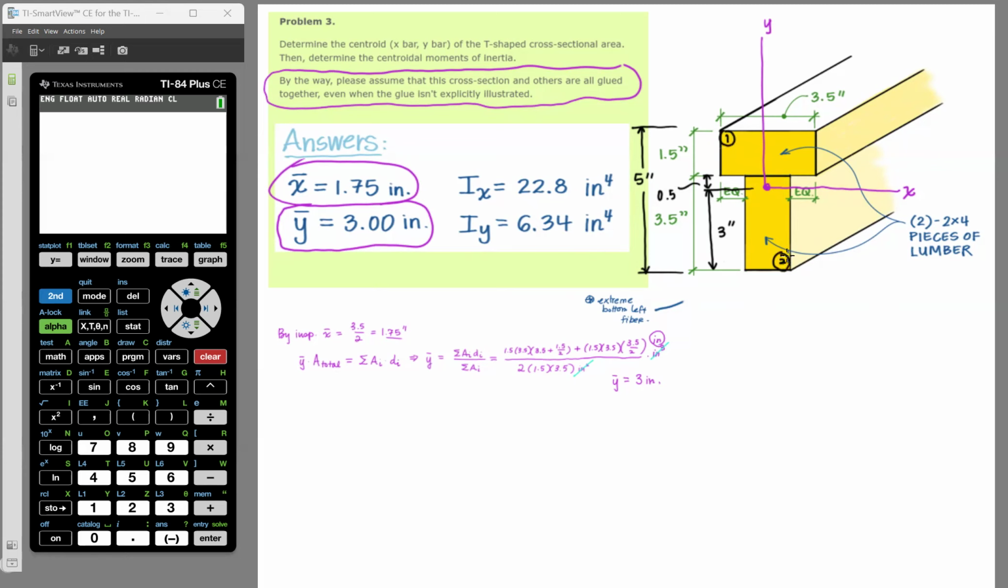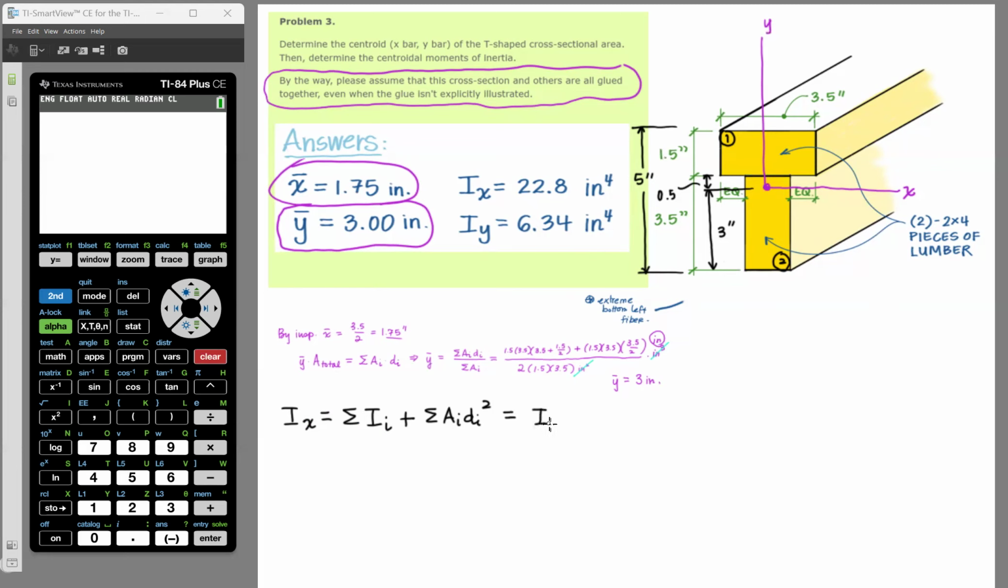Let's do Ix first. Moment of inertia about the centroidal x-axis. Parallel axis theorem says we need the summation of the moments of inertia of each component about its parallel axis plus the summation of the areas times the distance squared of all the components. We have 2 components.